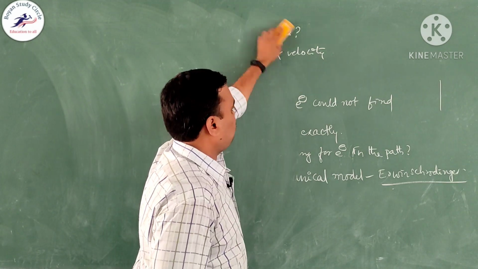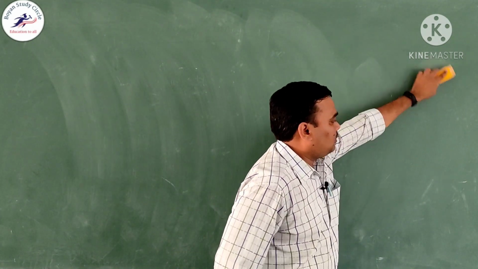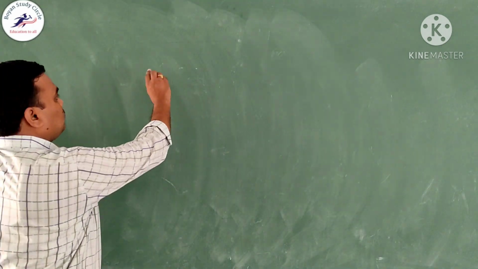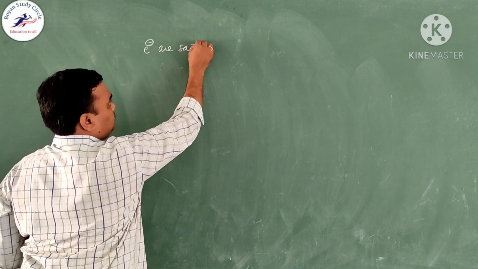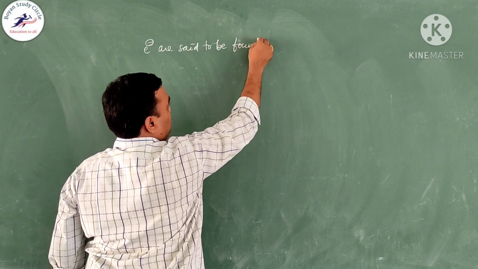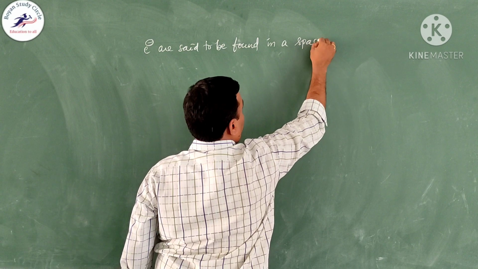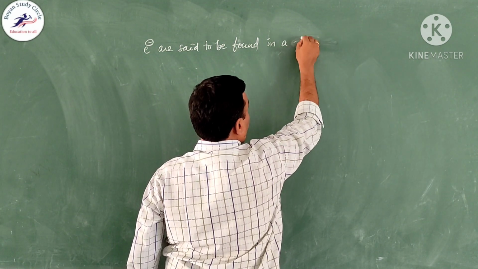So, now you came to know that you cannot find the velocity and position of an electron simultaneously and exactly. That means electrons are said to be found in a particular space or particular region.